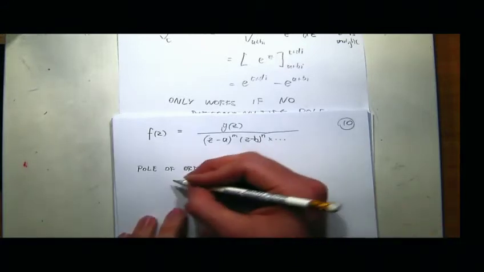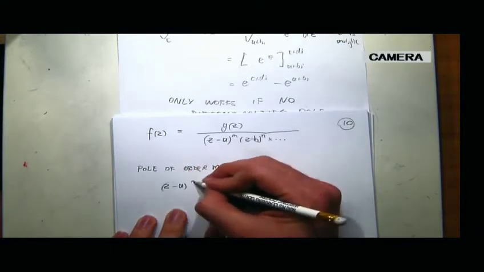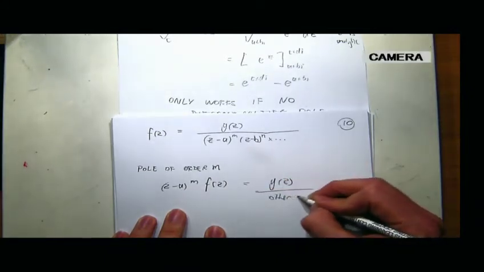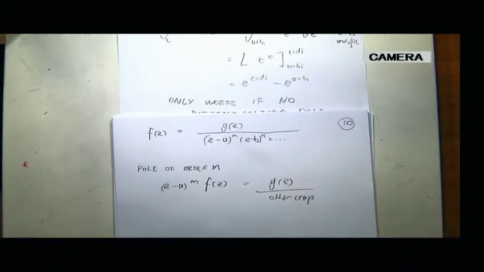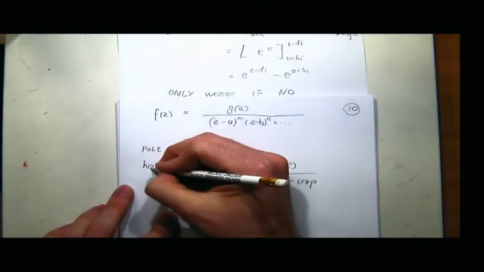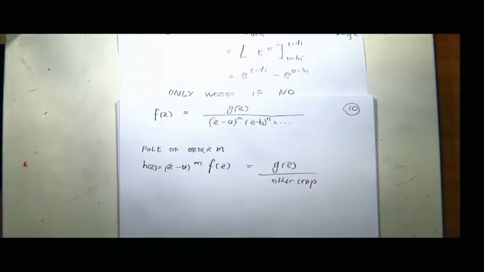That gives g of z over other stuff not involving a, and that's a new function, which I'm going to differentiate some number of times, m minus 1 times, and then I'll do something with that. So this is the first step. I'm just going to call this h because I've already used g.